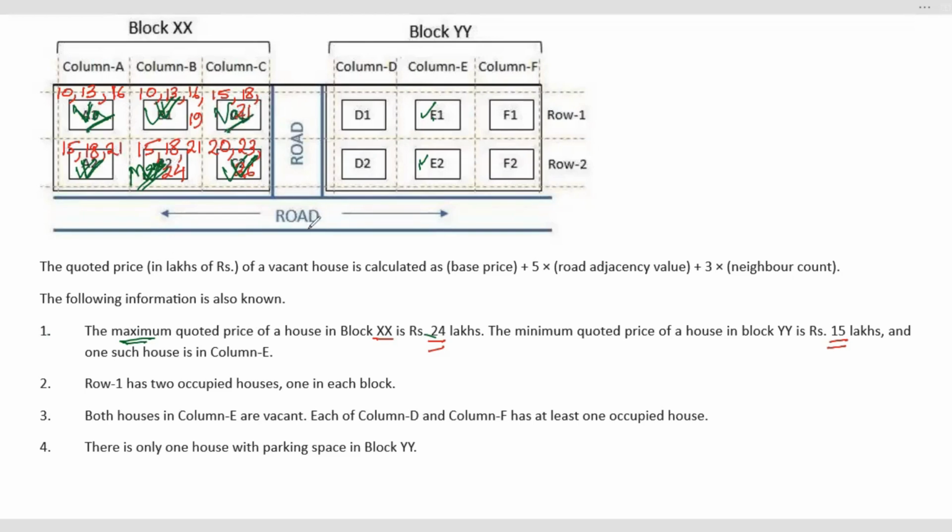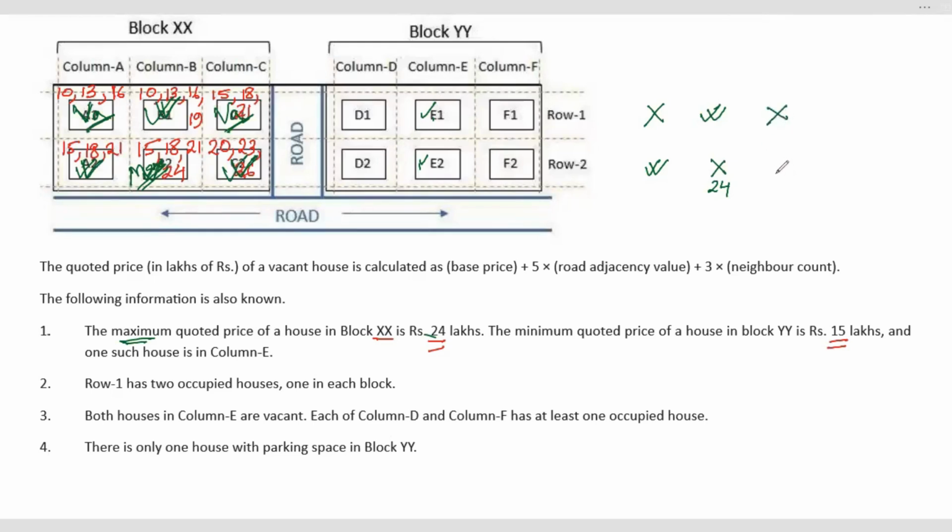So it is vacant. I'm just replicating here. It is occupied. It is occupied. It is the maximum quoted price of a house, so it is vacant, and it is 24. This is vacant.